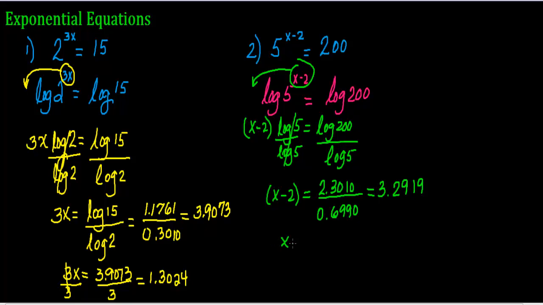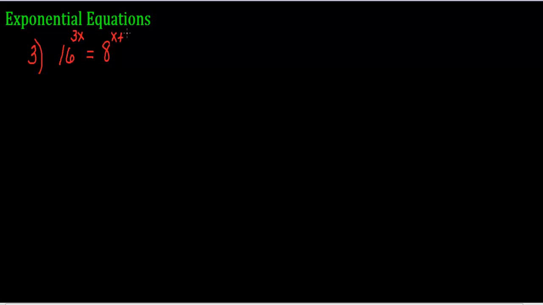X minus 2 is equal to 3.2919. You want to isolate x, so you add 2 to both sides, and you end up with x is equal to 5.2919, and you're done. Here's your answer.